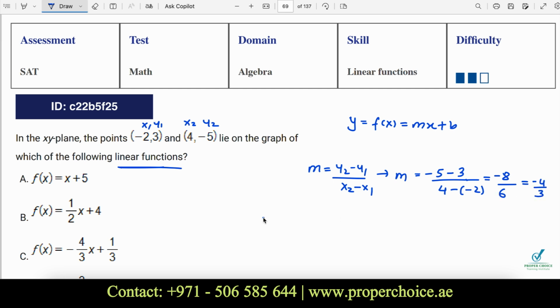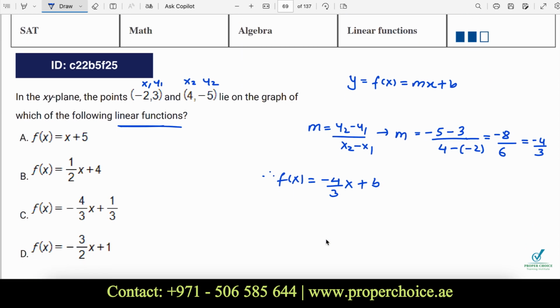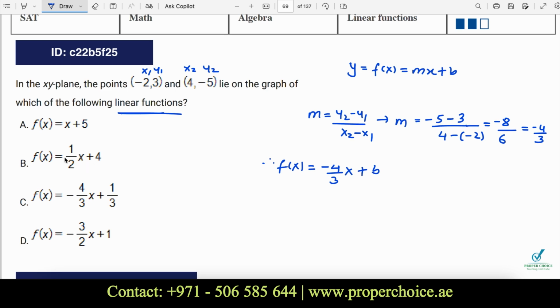Then the equation becomes f of x equals minus 4 by 3x plus b. By referring to this, look at the options. A cannot be, where is minus 4 by 3? Without finding the y-intercept, you can go with the right choice, because this is the only option with the slope as minus 4 by 3.